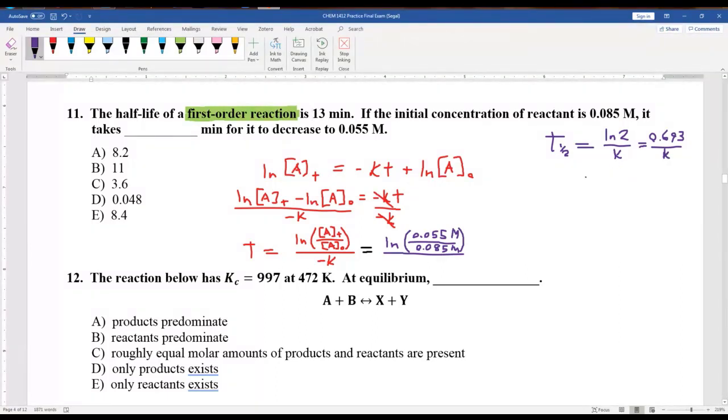Basically, I have to rearrange this to solve for k before I can solve the problem below. Multiply both sides by k, divide both sides by t1/2, and I get k is equal to the ln of 2 over t1/2. And so that'll be ln of 2 over 13 minutes.